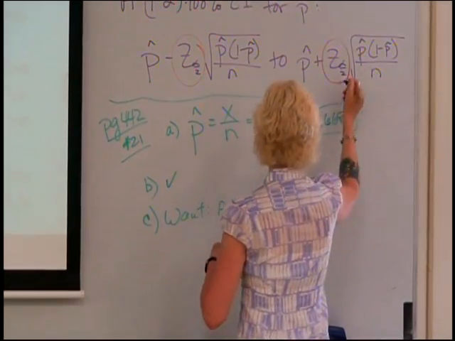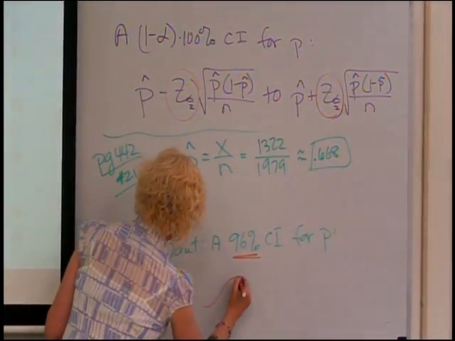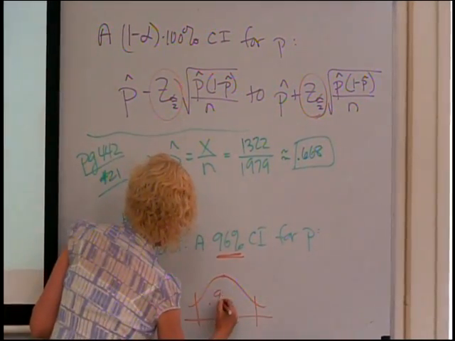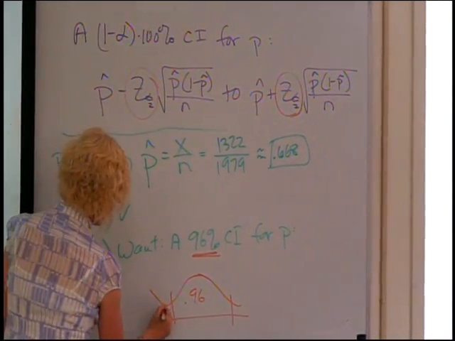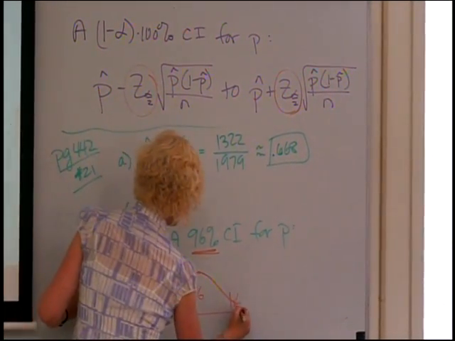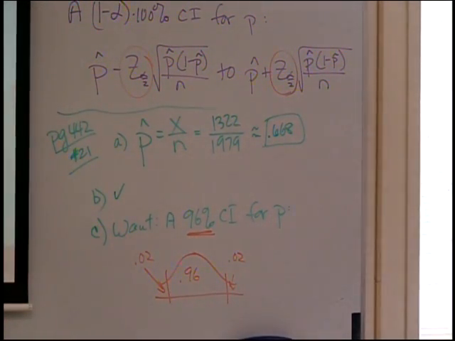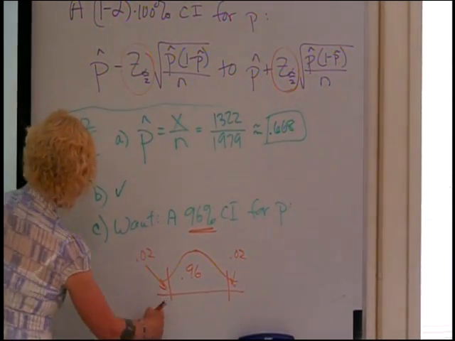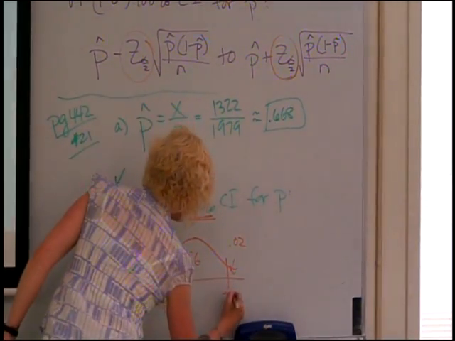So if we just want to find the z-score corresponding to 96% confidence, 96% in the middle, 1 minus that would be 4%, chop that in half, 2% in each tail. Your negative z-score is here, and your positive z is here.